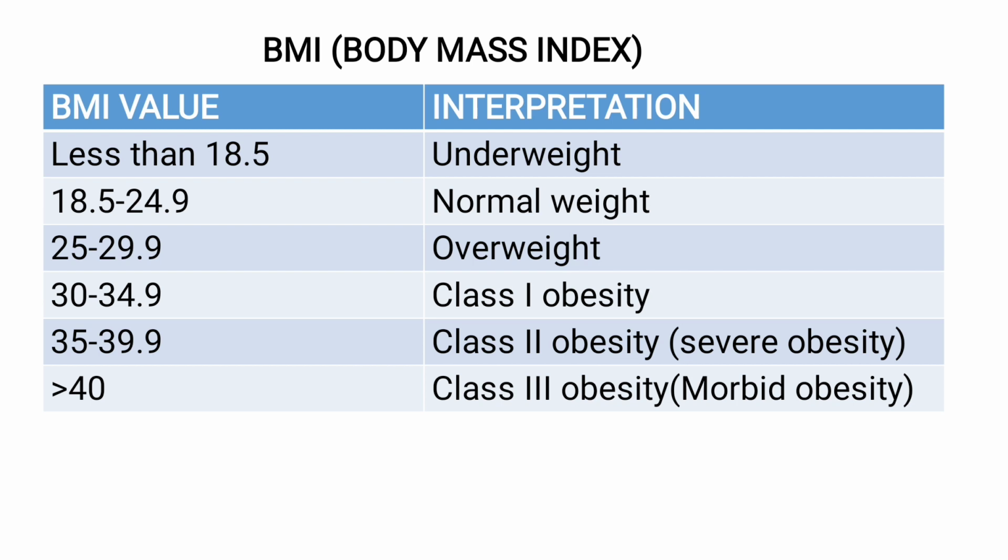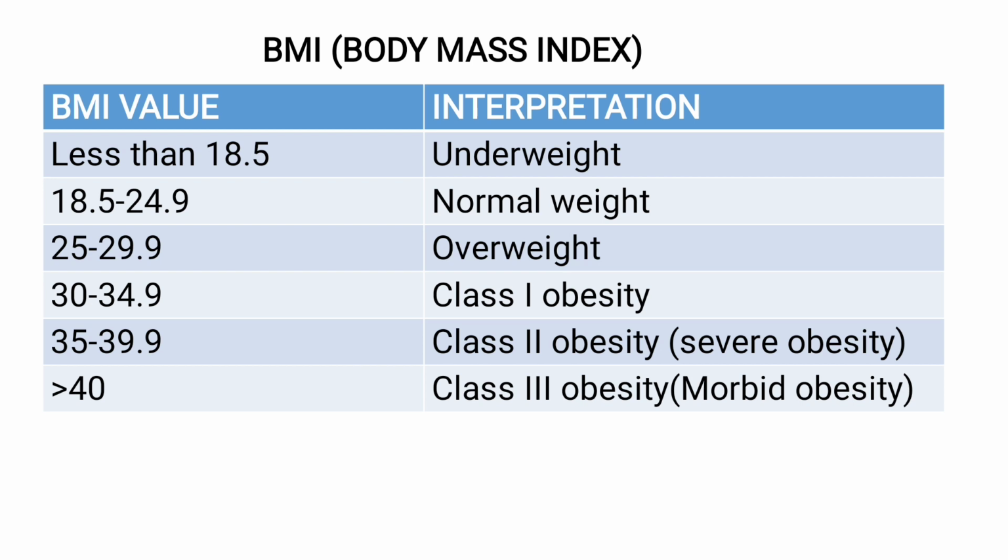Coming to the second topic, BMI, that is body mass index. Sometimes they will give you a BMI value and ask whether it comes under underweight, normal weight, overweight, or which type of obesity. So we need to know the normal values.